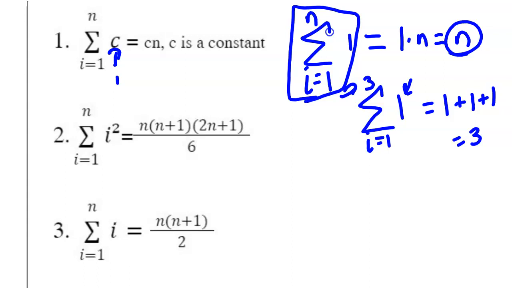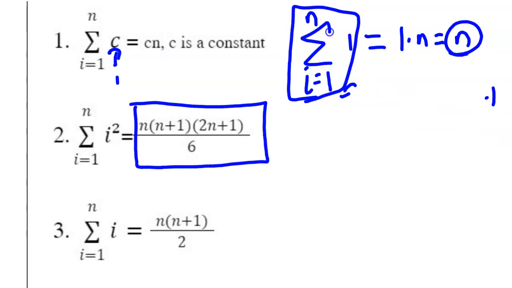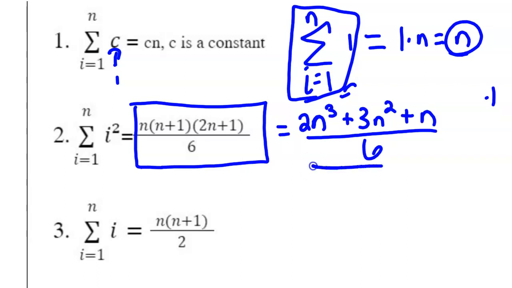Same with i squared. If you have i squared there, it ends up giving you this formula. We could go through and show the proof of that, but again, I just want to get us there. We're more after the summation notation stuff. And if you multiply this thing all out, you get this function here.